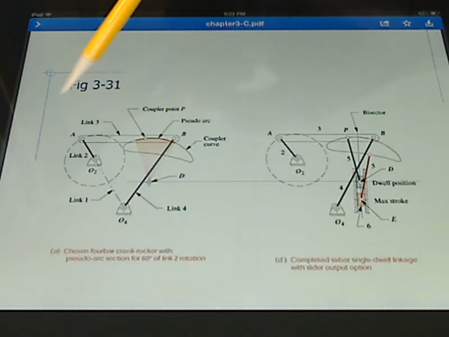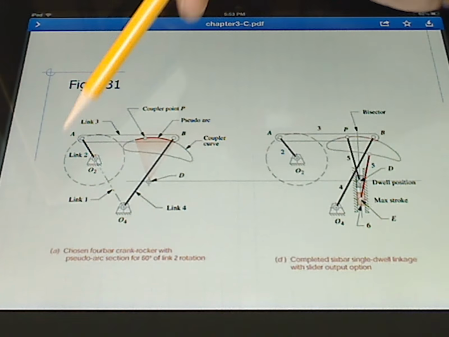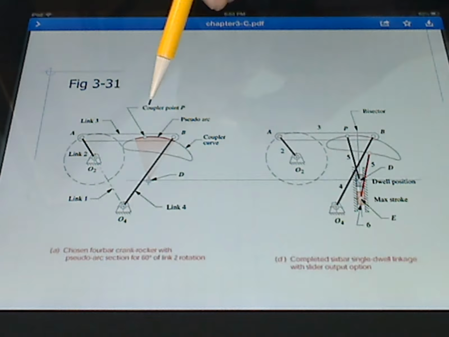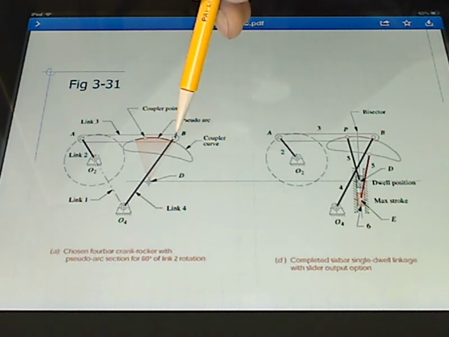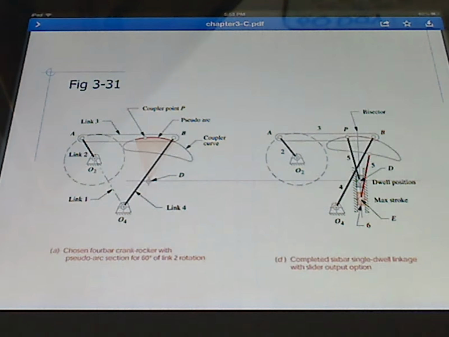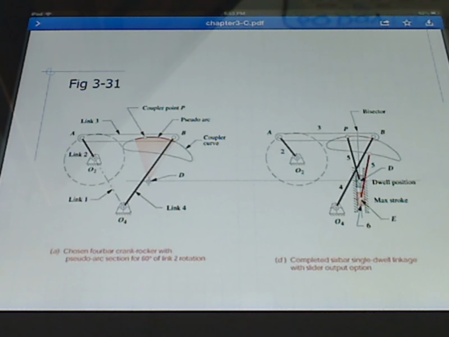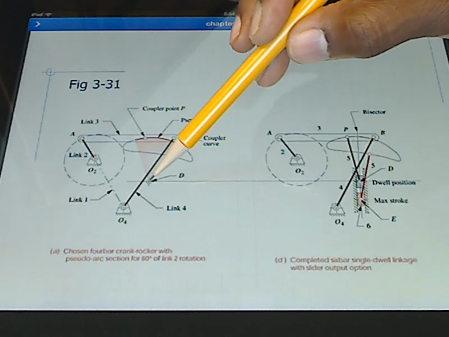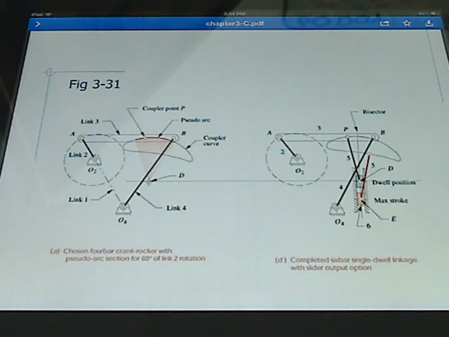The coupler curve that was chosen here has an arc along the top, chosen because you can fit a circle at that location, and that circle's radius, which goes from about this point up to here, is approximately where your dwell will occur. I'm going to talk more about that.